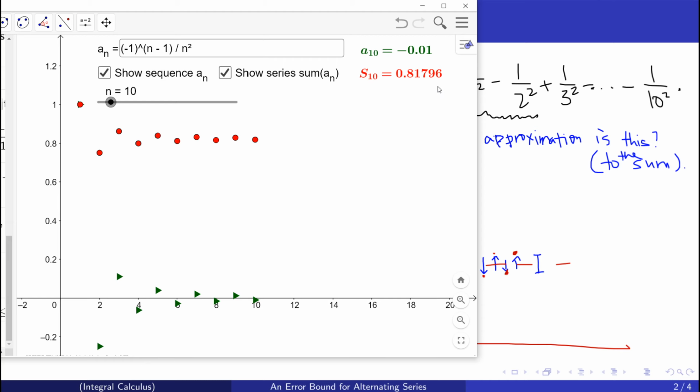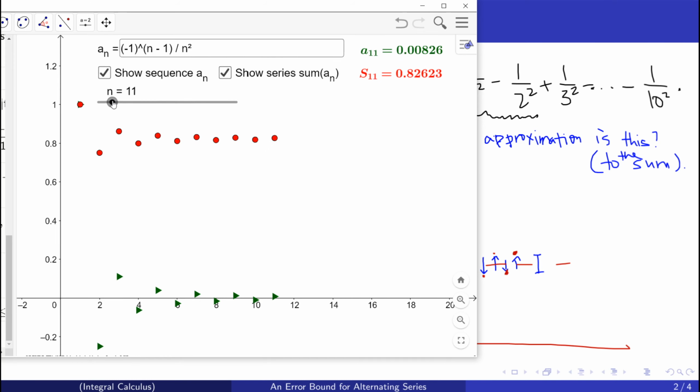What's the actual value of my sum? I know it can't be farther away from 0.81796 than a sub 11, which is 0.00826, because that's whatever you're adding to your partial sum with the next term.